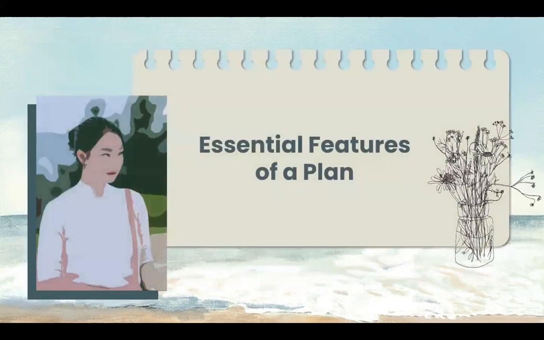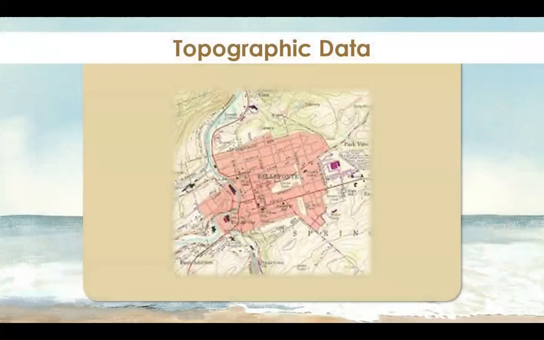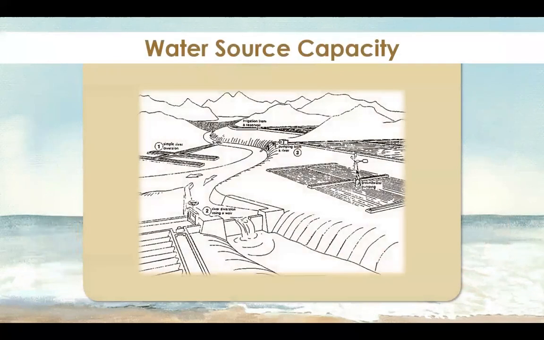Now, let's talk about essential features of a plan. First, the topographic data. The field shape must be accurately drawn, showing pertinent obstructions, features, and elevation details. Next, water source capacity.